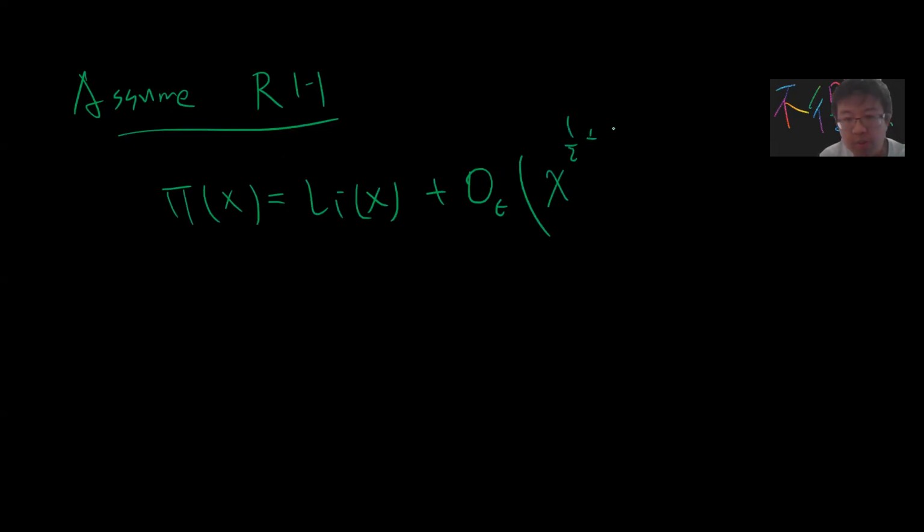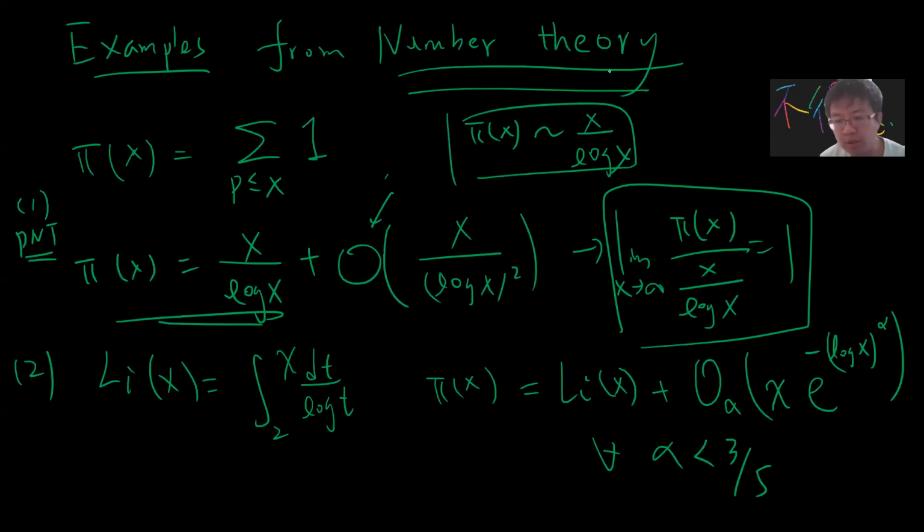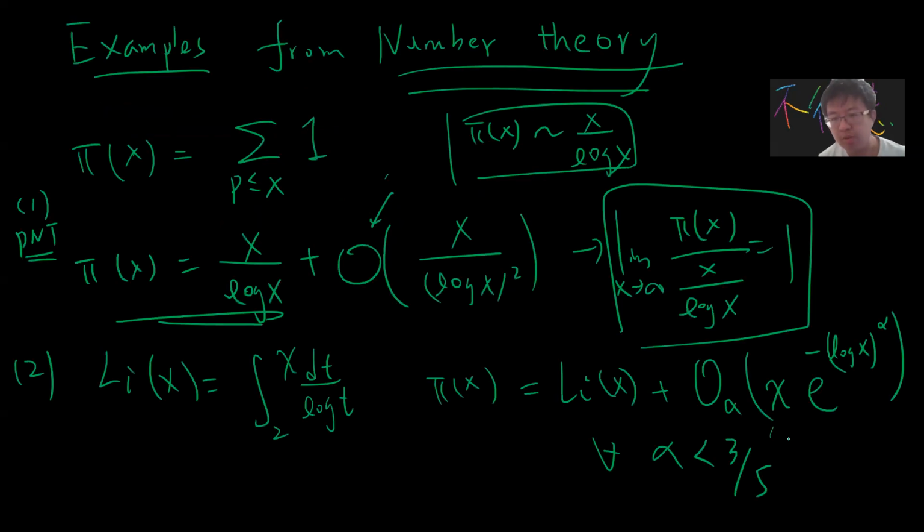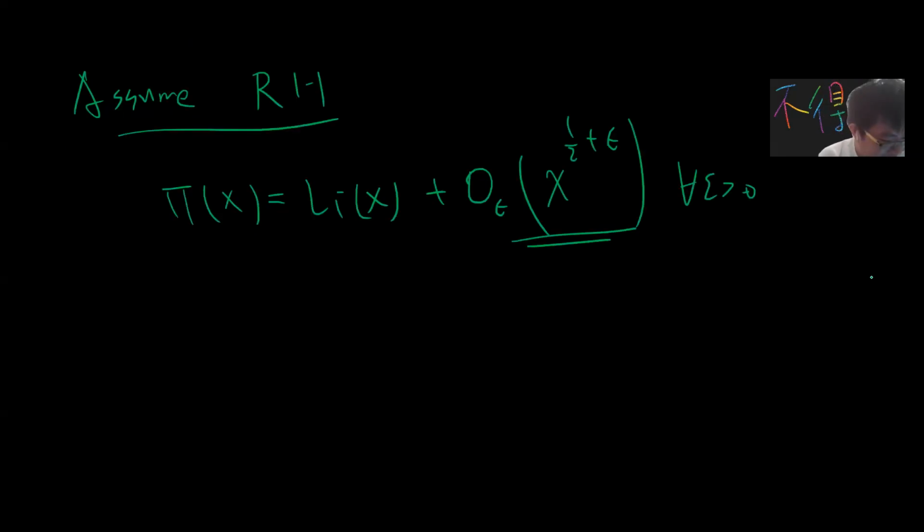The error is of order x to the half plus epsilon. This is a tighter bound than the previous one, because this is a power of x, and that one is x times a sub-exponential factor. So that guy is not as tight as this bound. This bound is very tight because the other has an exponential of something times x, right?